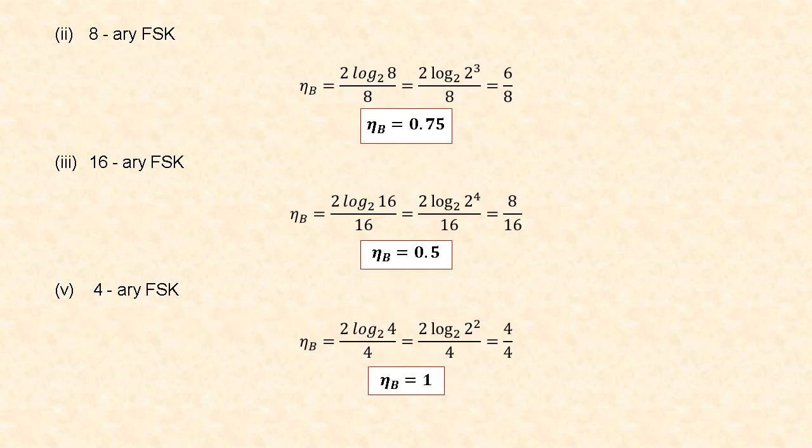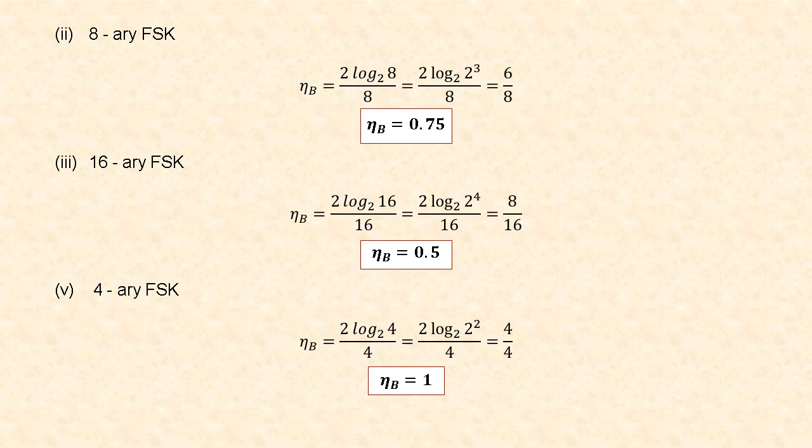For 8-ary FSK, substituting M is equal to 8, we have eta B is equal to 2 log 2 8 divided by 8. 8 can be written as 2 cube, which is equal to 3 into 2, 6 into log 2 base 2 is equal to 1. So we have 6 by 8. So eta B is equal to 0.75.